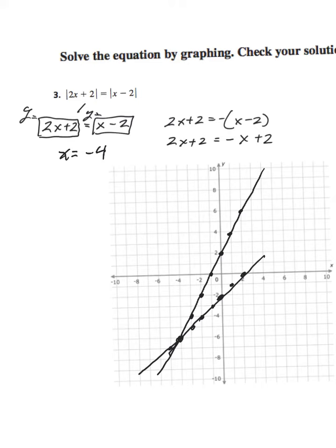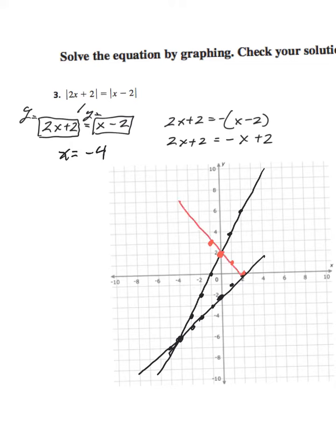And then for the next one, you notice that the 2x plus 2, we already graphed it. So let's graph the next one. What's the other equation going to be, Olivia? That I have to graph. So -x plus 2, right? So I'm going to go up to 2, then down 1 over 1, down 1 over 1, and you can see right there the intersection point.